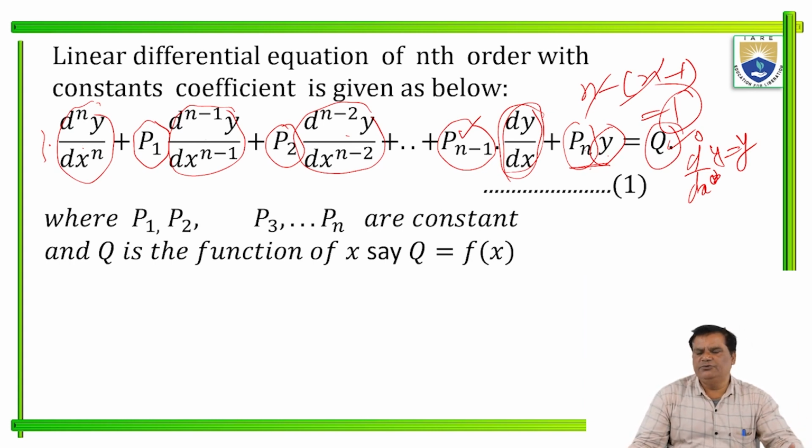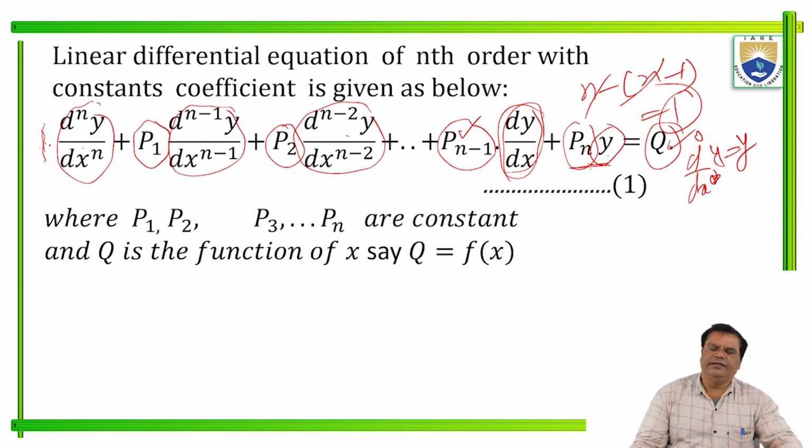In this differential equation, the highest order is in the first term, the order decreases 1 by 1, and at last the order is 0, so we get only y. Constants multiply the derivative in each term, and the first term is multiplied by 1 only. If any question is given in the question paper, we write it in the form of this equation.